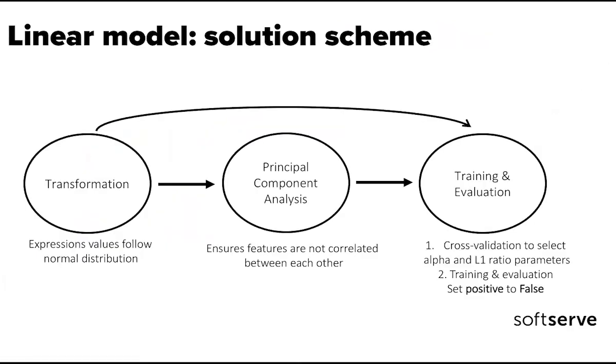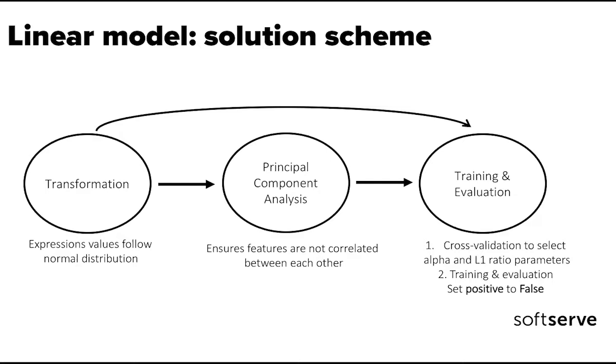So the schema for linear models would look like this. We do some kind of transformation. Then we know that our expression values are more normally distributed. Then we have 2 ways. First, we can just try to build the ElasticNet model using the transformed data, but also we know that the model might still not work correctly with correlated data, so we can use PCA to ensure that our features are not correlated with each other.